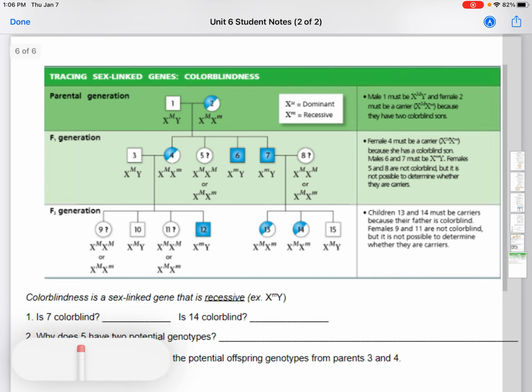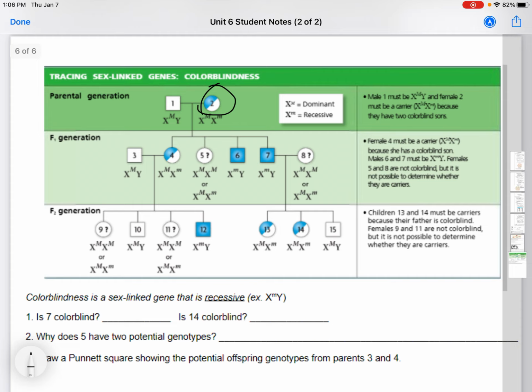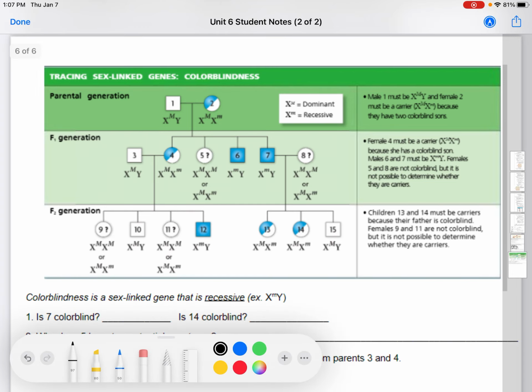Sometimes these charts may be more beneficial than the Roman numerals, like individual 1, 1, or 1, 2, or 2, 3. I like this one personally. And you can also see the half shaded ones that we mentioned in the first part of our notes here. That means they're a carrier, that they don't display that trait, but they do carry the potential to pass it on.